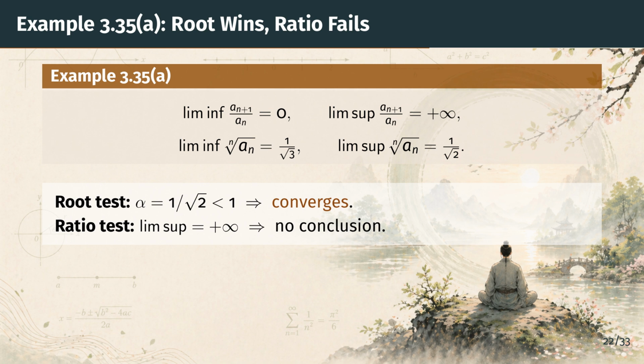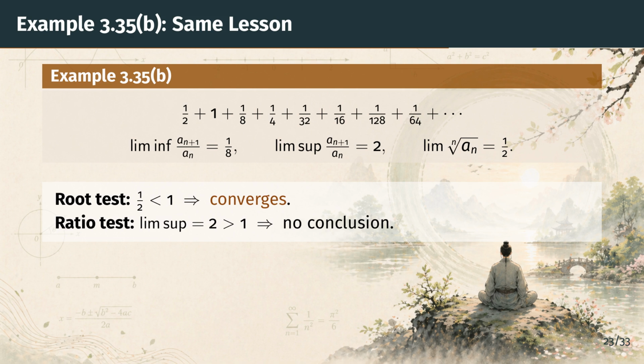Next, a second example with the same lesson. The second example tells the same story in a slightly different way. Here the powers of 1/2 are listed 2 at a time, with each pair in swapped order. So a smaller term is always followed by a larger one. The lower limit of the ratios is 1/8, and the upper limit is 2.